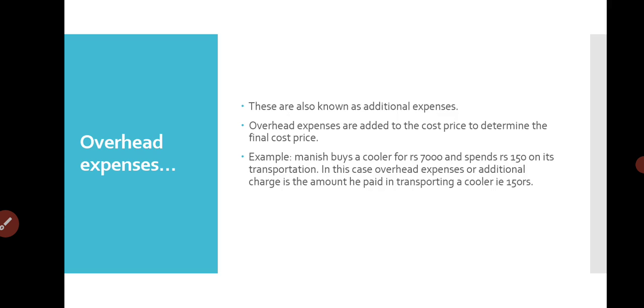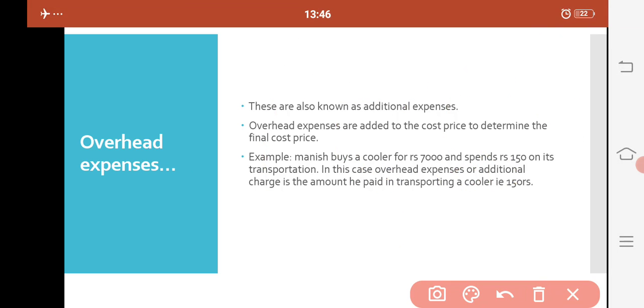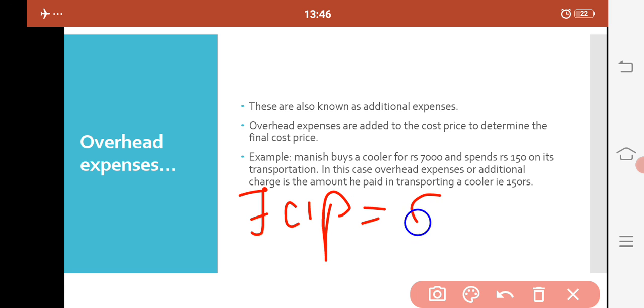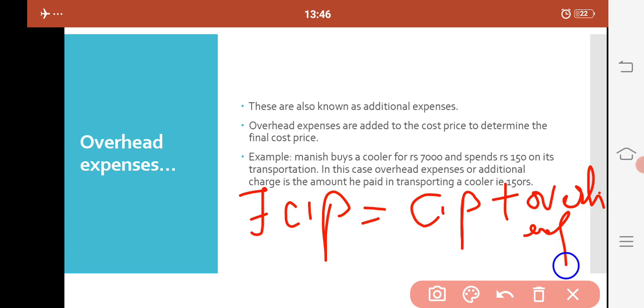Therefore, if we want to calculate the final cost price, then final cost price is equal to the cost price plus overhead expenses. Is that clear? So this is the final cost price.